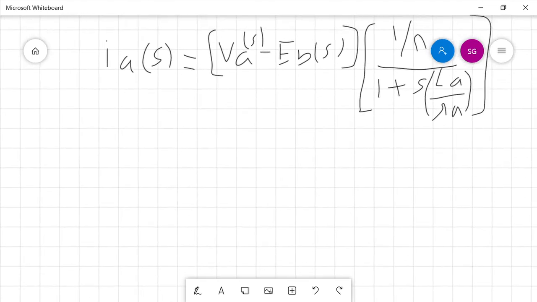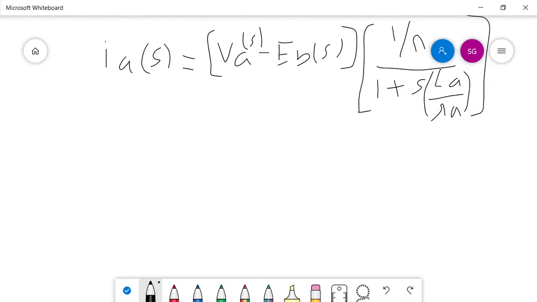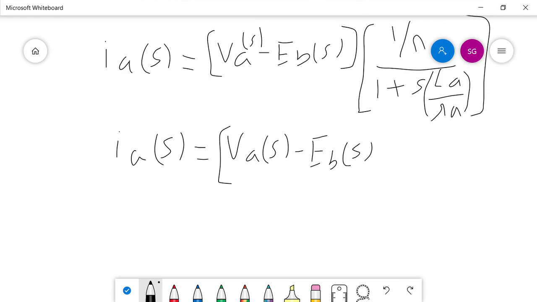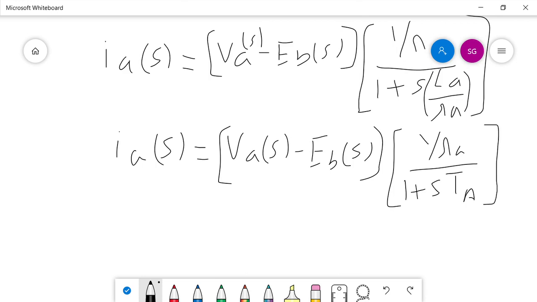So IA(S) is equal to VA(S) minus EB(S), times 1 by RA divided by 1 plus S TA, where TA is the time constant of this armature circuit.